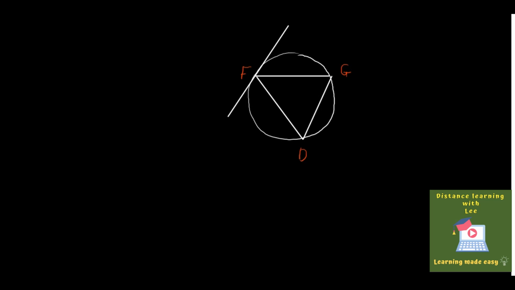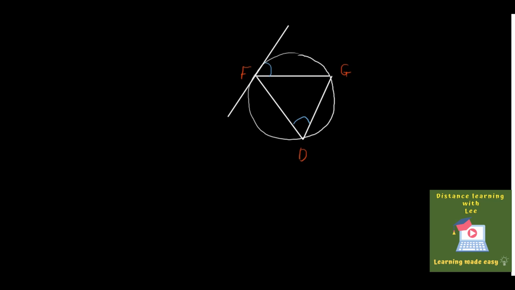We know that if you're working with a tangent, you need to remember that there are certain theorems that deal with tangents. In this case, we've got a tangent and we also have a chord, right? And there's a theorem that tells us about a tangent and a chord: the angle that is created by a tangent and a chord is equal to the angle that is in the alternate segment.